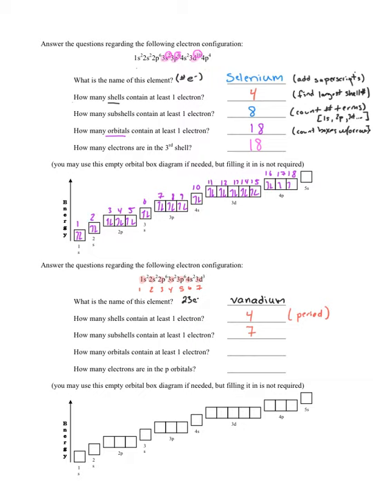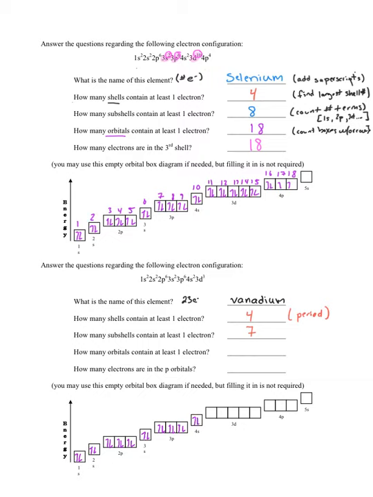For orbitals, again, I'm going to want to go in and do my orbital box diagram. And so I'm counting to 23. And so again, make sure you do 7 up, 9, 10, 11 down, 12. Then we go through 3p. 4s has its 2.